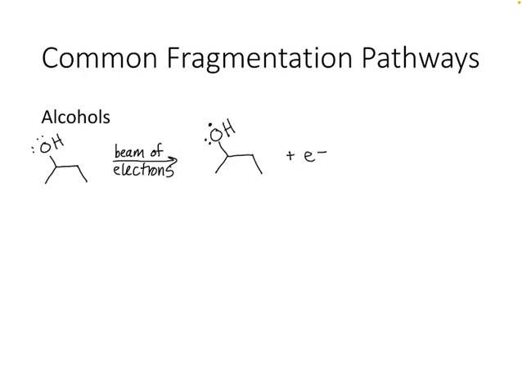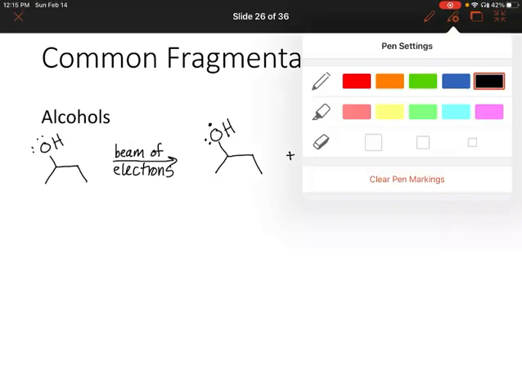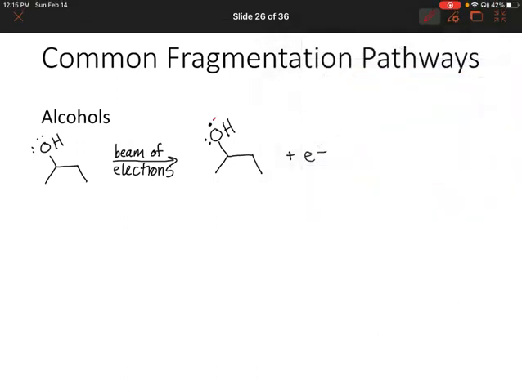Now, what's really interesting is now that we have a radical, we're actually going to form a double bond down below. And that's going to cause the bond between these two carbons here to cleave. So that's homolytic cleavage.